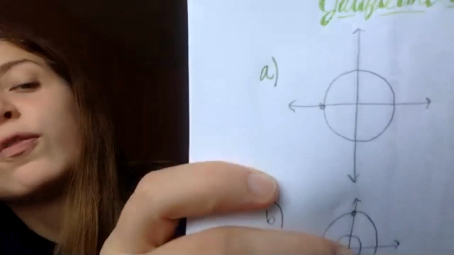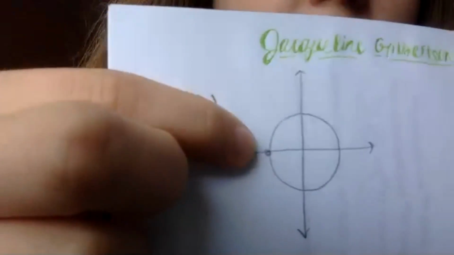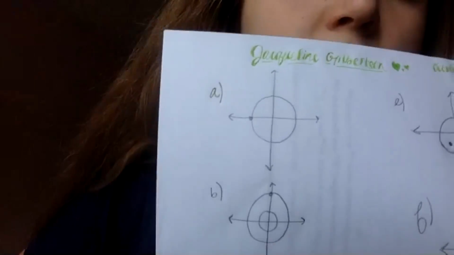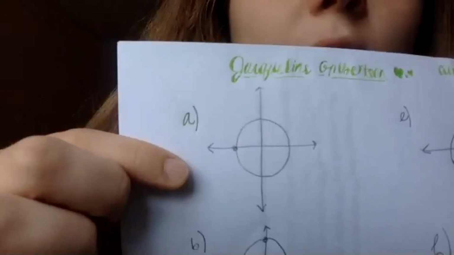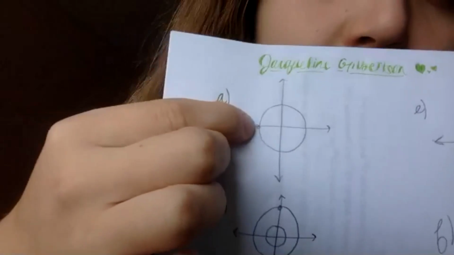So the first one was pi, and Z was 1. So there's 1 ring, and then it hit pi right there.